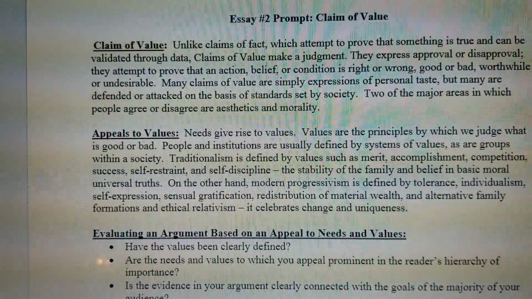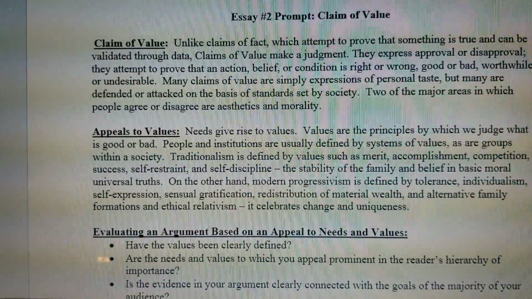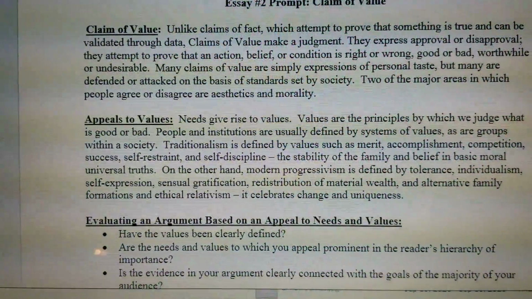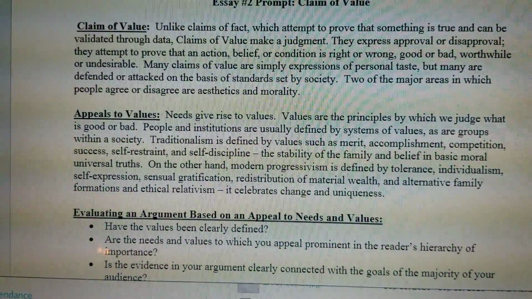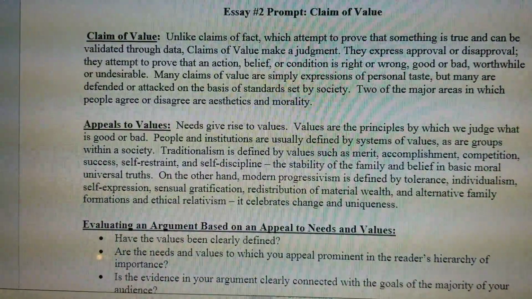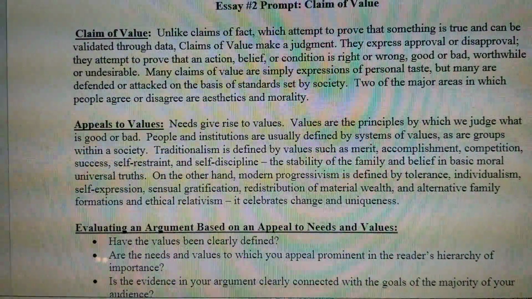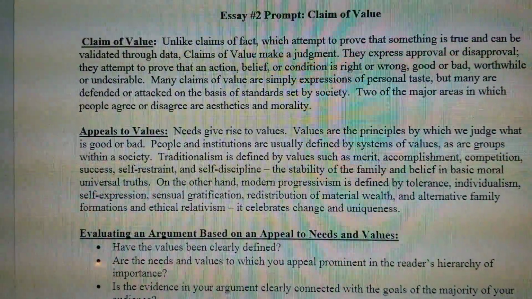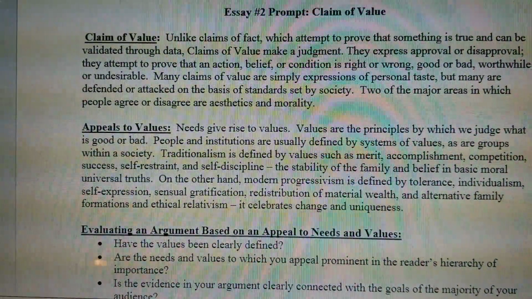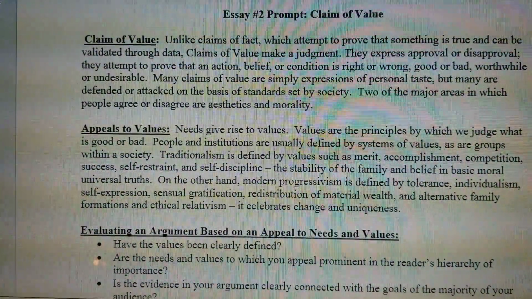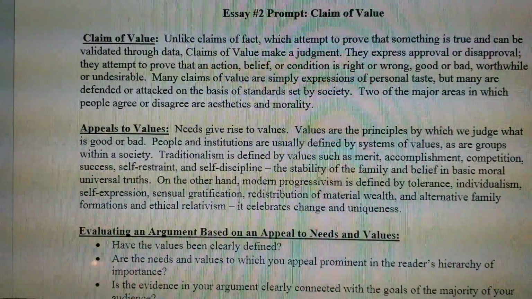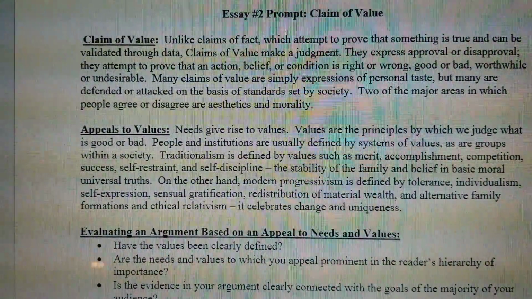Let's again look and review the importance of appeals to values. Needs give rise to values. Values are the principle by which we judge what is good or bad. People and institutions are usually defined by a system of values. Traditionalism is defined by merit, accomplishment, self-restraint, self-discipline, stability, belief in basic moral universal truths.